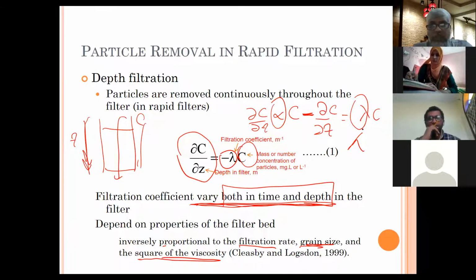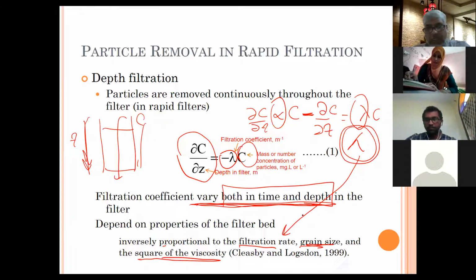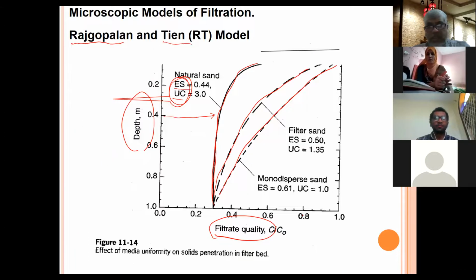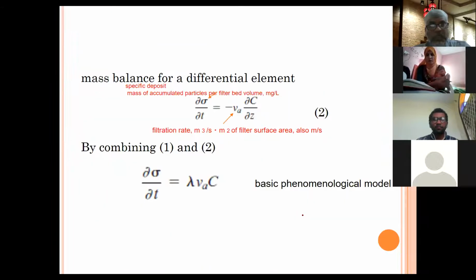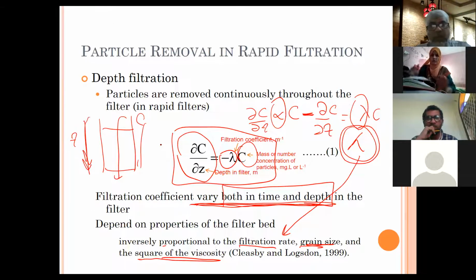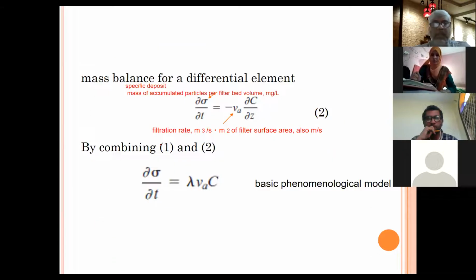So this coefficient depends on many things. But anyway, this Rajagopalan model, for which I did not show any equation, is the microscopic approach. Otherwise we can use macroscopic modeling, with change of concentration of particles with time.